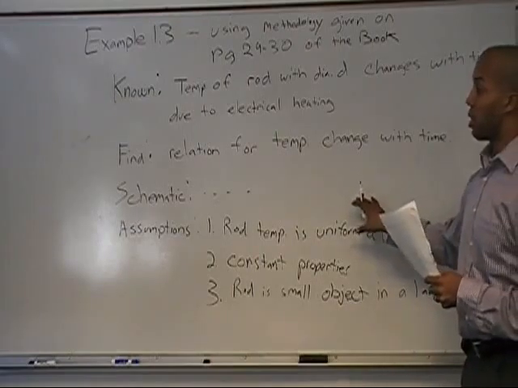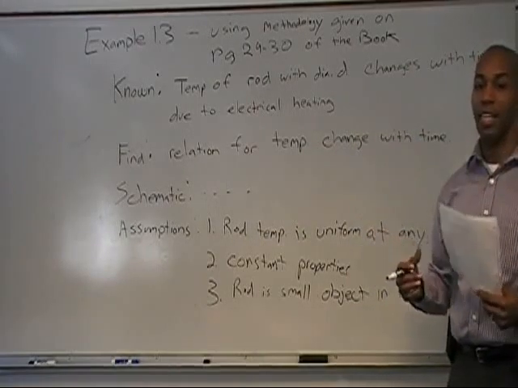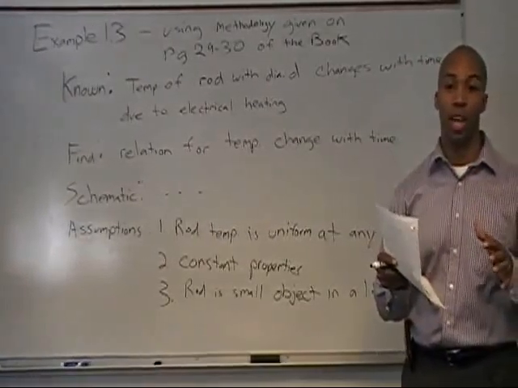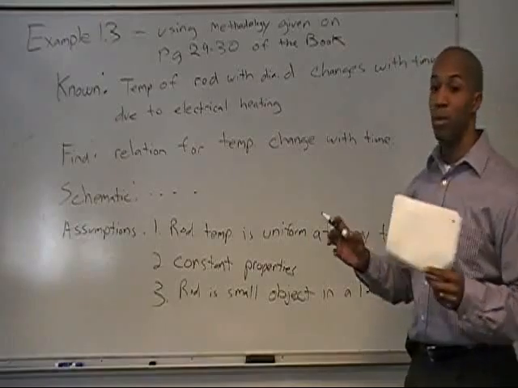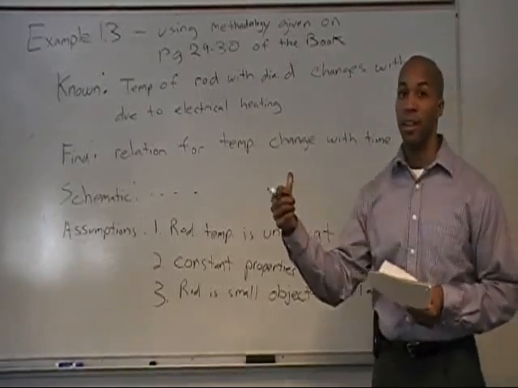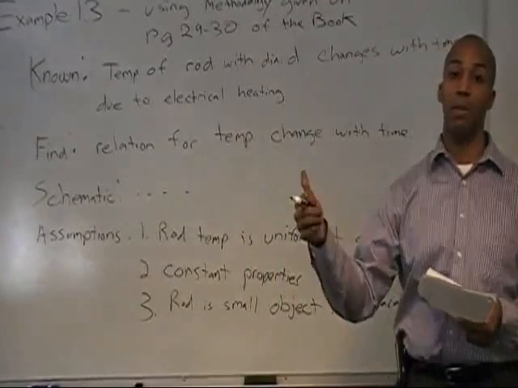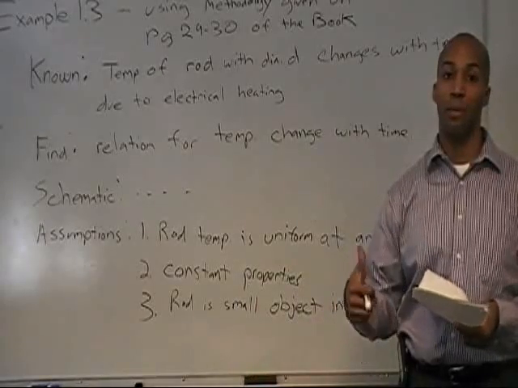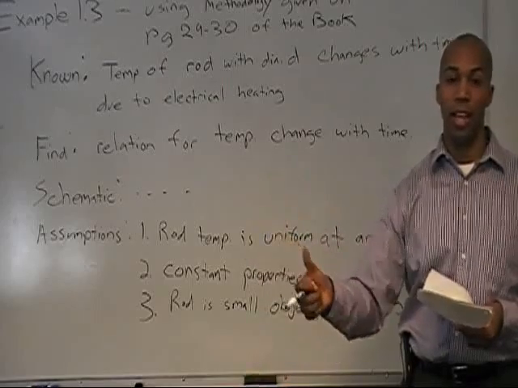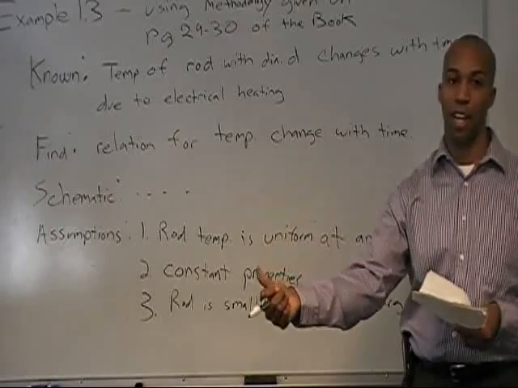In order to make good assumptions, you have to really correctly define the heat transfer problem, and you have to see the relevant modes of heat transfer in the problem. So when we read the problem statement, it kind of gave us some hints. It talked about this rod being exposed to an ambient temperature. It talked about it being exposed to surroundings. And it talked about heating of the rod electrically. So those three things gave us the hint: the ambient temperature says that we're going to have some sort of convection to this ambient.